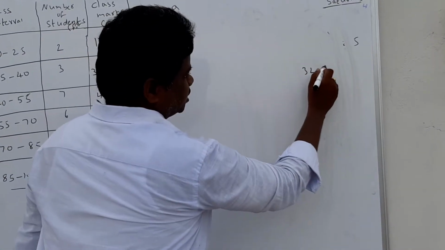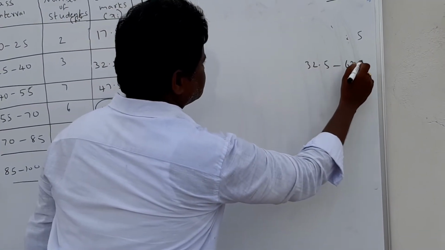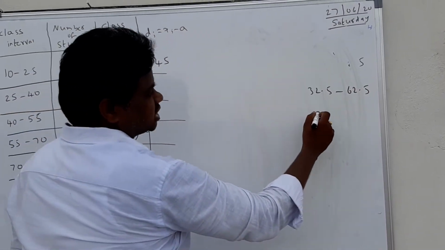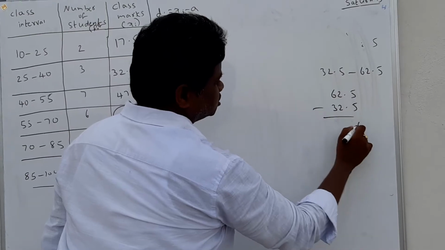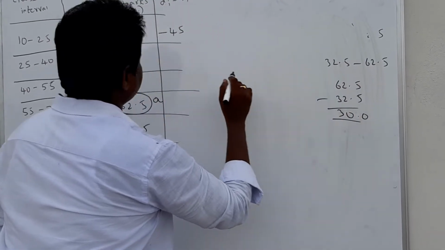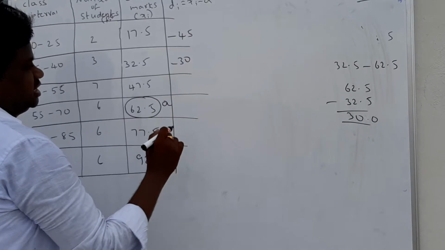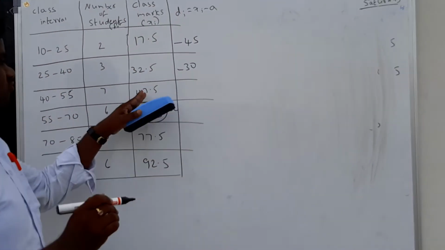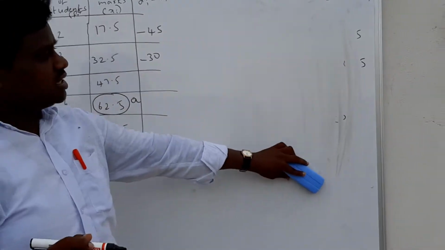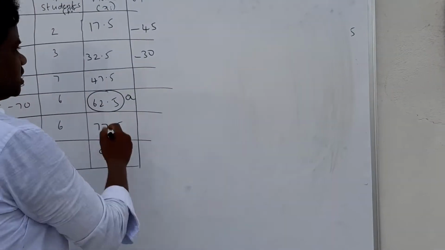That is 32.5 minus 62.5. That means the biggest value you have to write first: 62.5 minus 32.5 means 0, 0, 30 we will get. That is minus 30. Like this, for 47.5 also we have to do the subtraction.